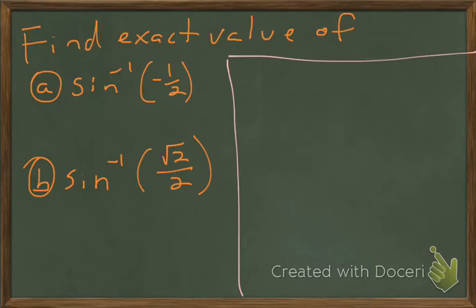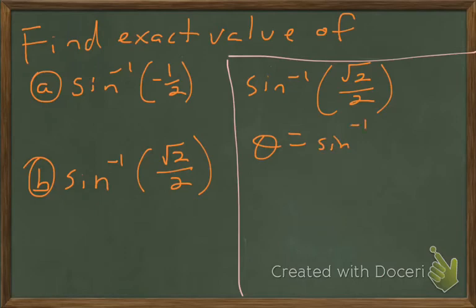Now, instead of the letter A, we are looking at B, which is sine inverse of square root of 2 over 2. Once again, we set theta equal to sine inverse of square root of 2 over 2. Multiply the left side and the right side by sine to kill that off. So sine theta is square root of 2 over 2.